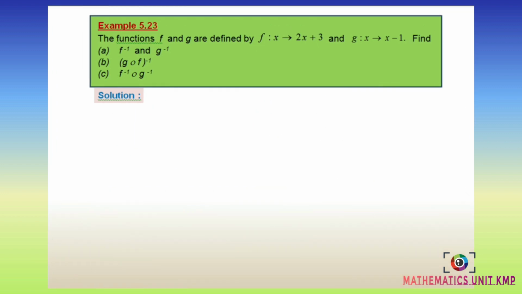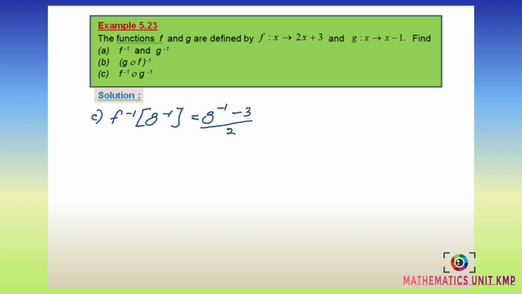For question C, find f inverse composite g inverse. The input of f inverse is g inverse, so f inverse of g inverse equals g inverse minus 3 over 2.